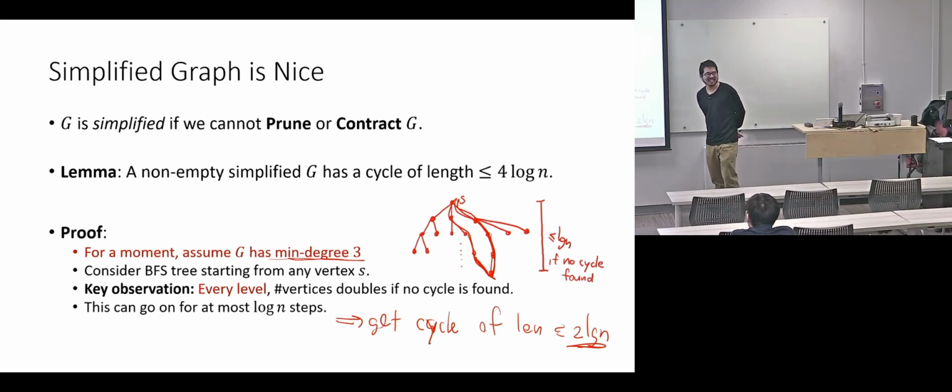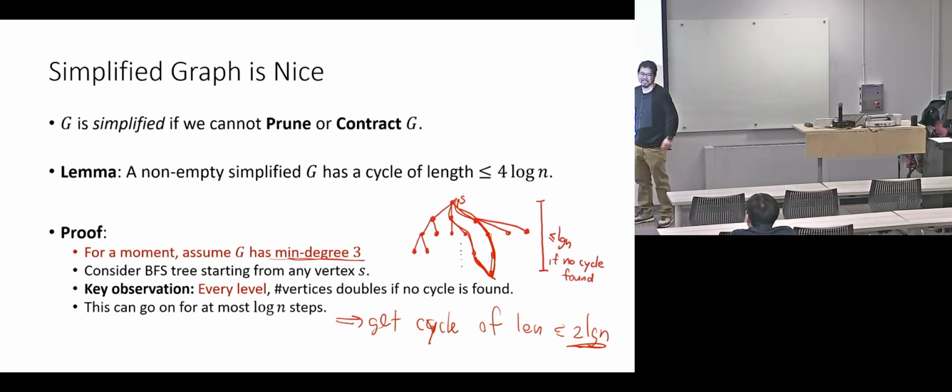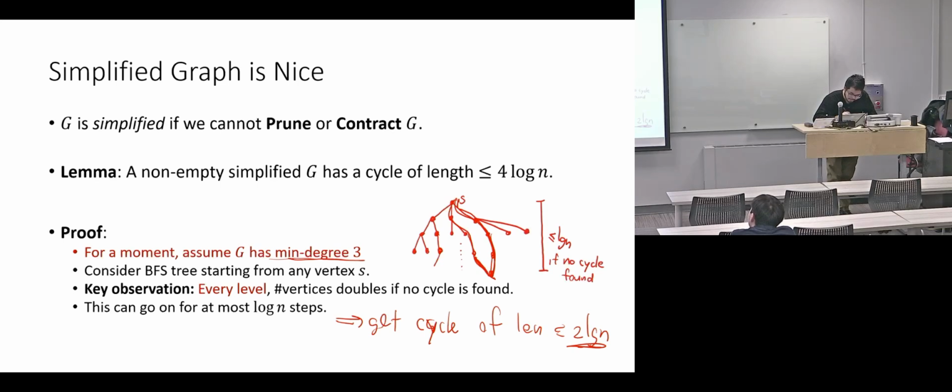Exactly. You used to have the number of vertices double on every level, but now it must double every second level, because degree 2 vertices are not adjacent to each other. If you find some node with degree 2, then the next time you must double.